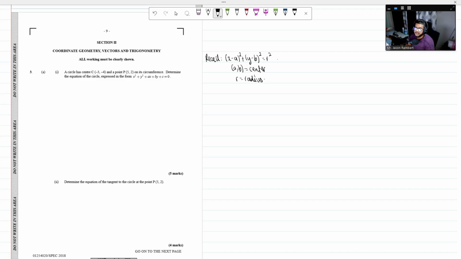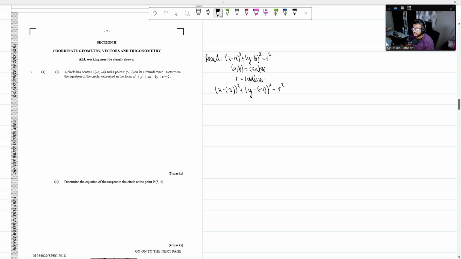So if I have the center as (-3, -4), I have x minus minus 3 squared plus y minus minus 4 squared is equal to r squared. They wanted to express it in this form, right? They say that (5, 2) is a point on the circumference.